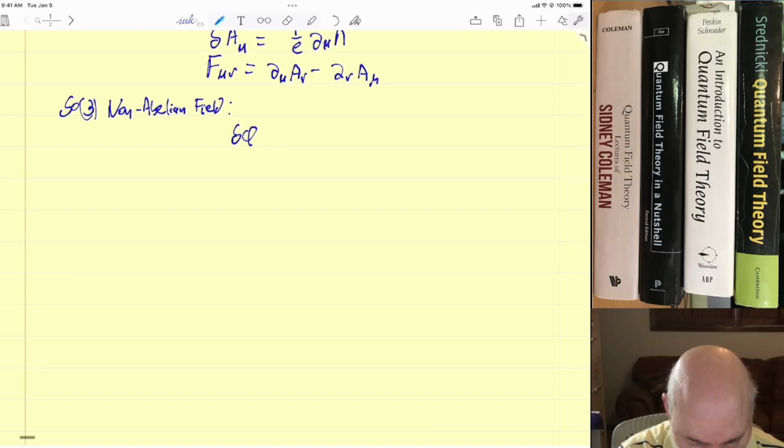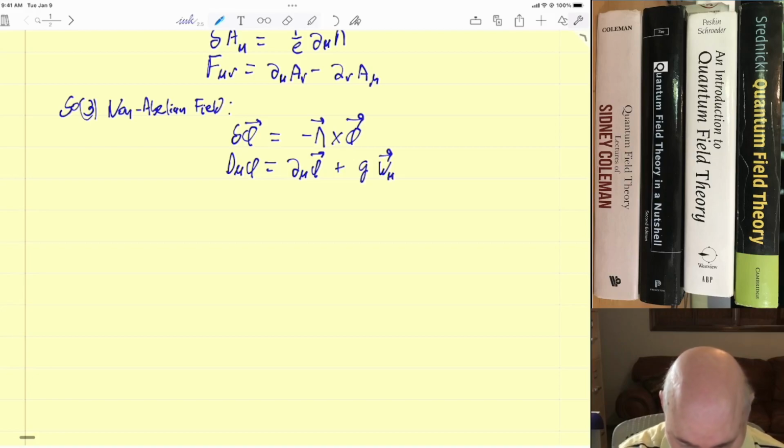And remember, vectors always indicate internal indices, not space-time indices. We had a vector field, and it would transform that way. And then we found we could get a covariant derivative that worked well, but we had to introduce another potential field, which is a vector now, whereas before it was a scalar like A mu.